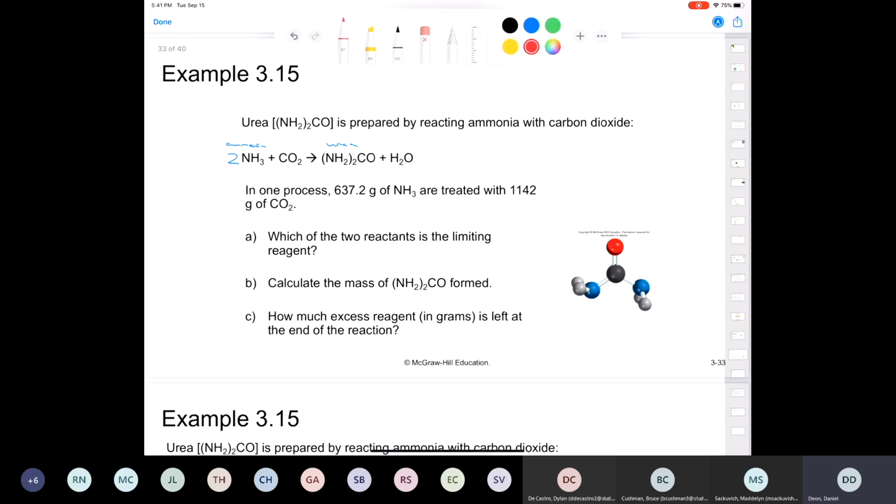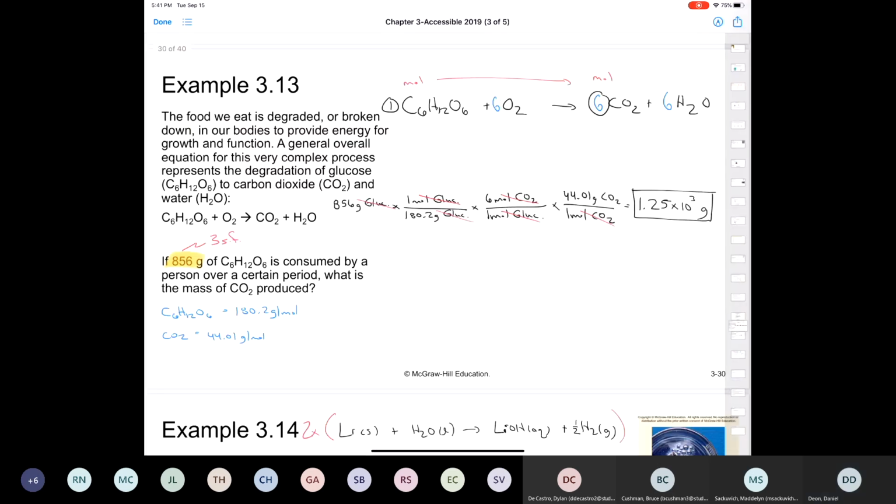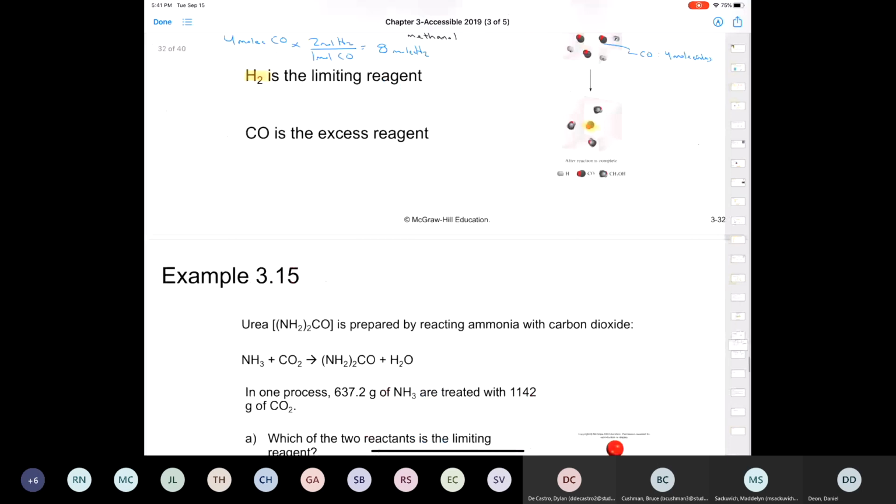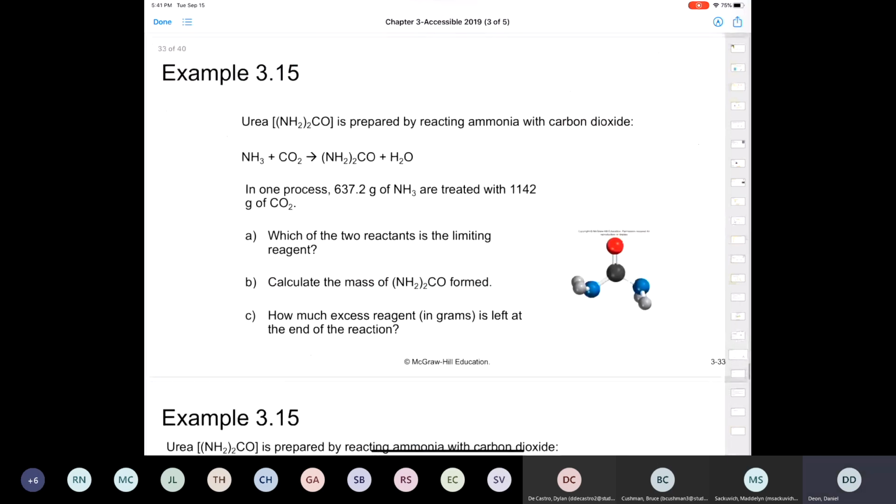It tells you that in one process, you're taking 637.2 grams of ammonia, and you're reacting it with 1,142 grams of carbon dioxide.